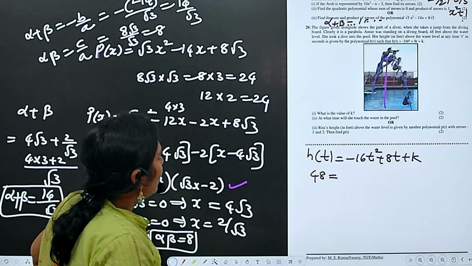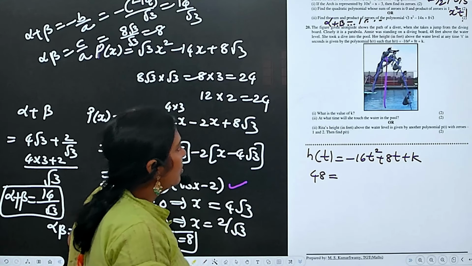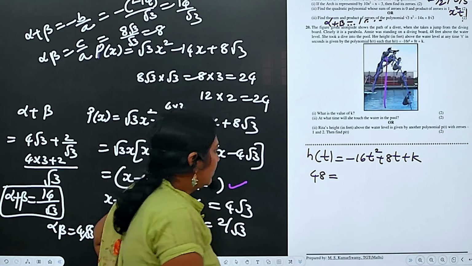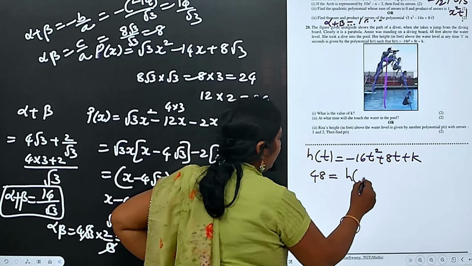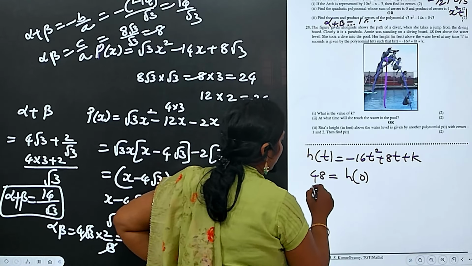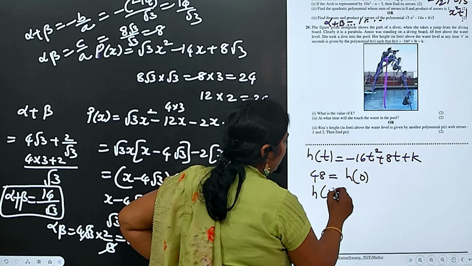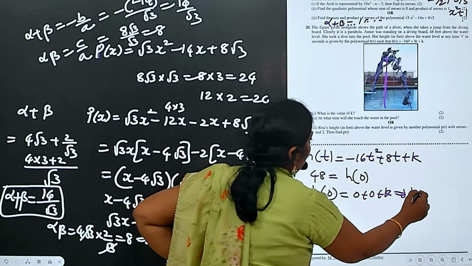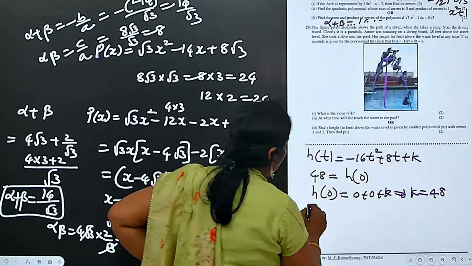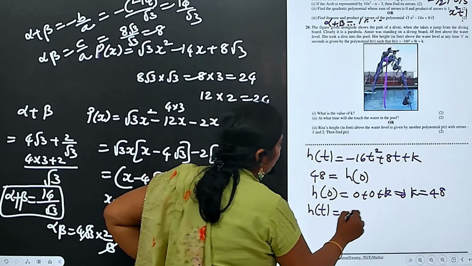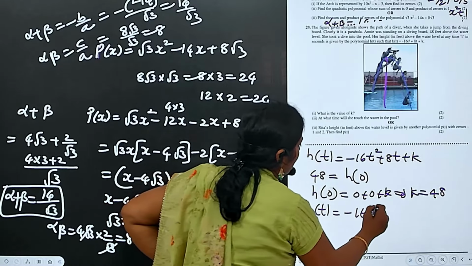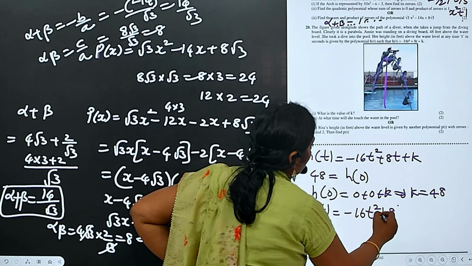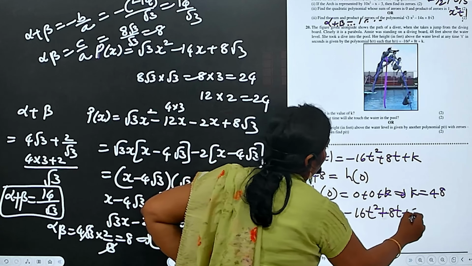T 0 అంటున్నప్పుడు అక్కడ ఏమవుతుంది? H of 0 ఈక్వల్ టు 48 అన్నప్పుడు H of 0 ఈక్వల్ టు 0 ప్లస్ 0 ప్లస్ K. K ఈక్వల్ టు 48. So H of T equal to minus 16T square plus 8T plus 48.